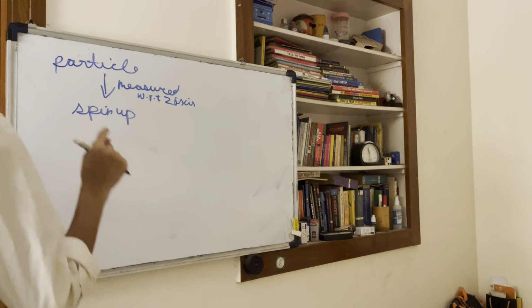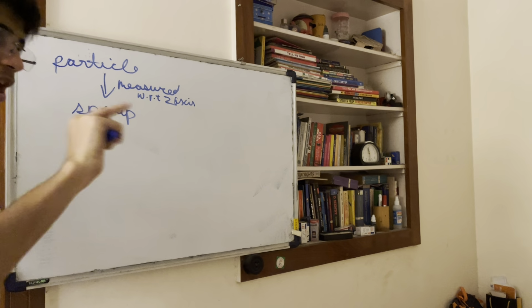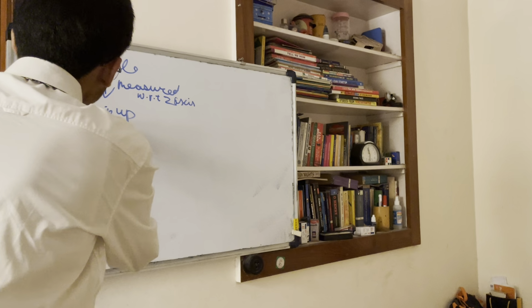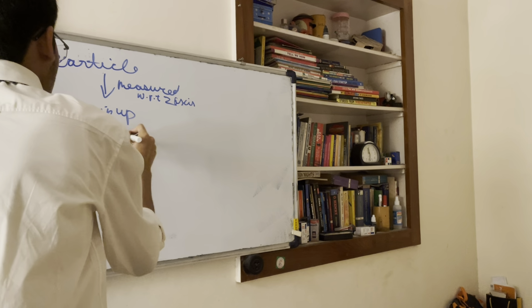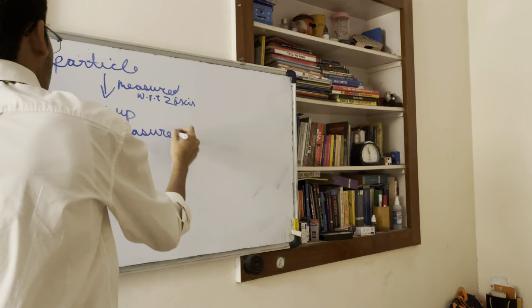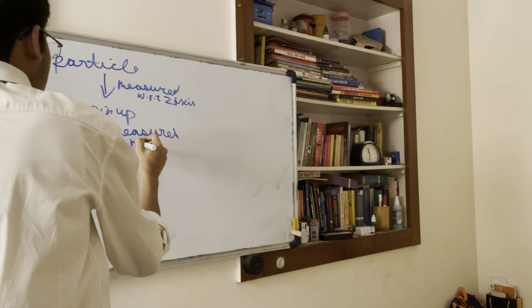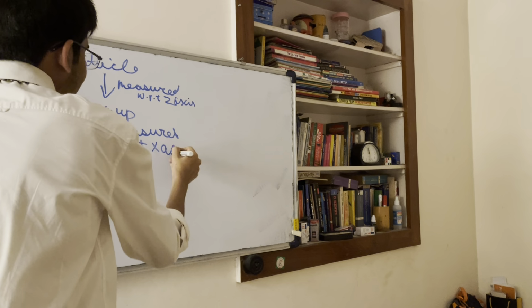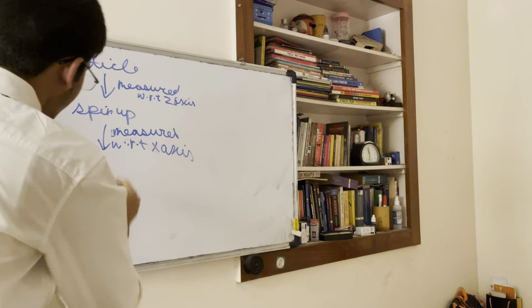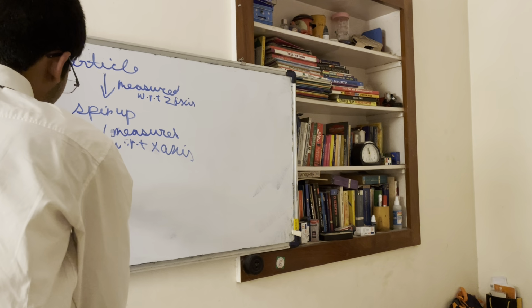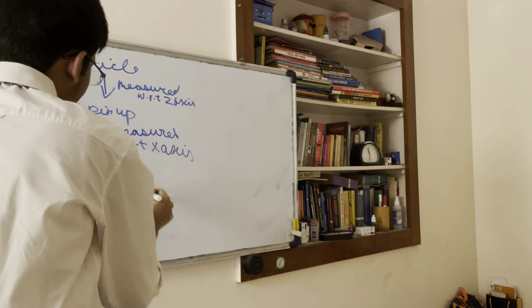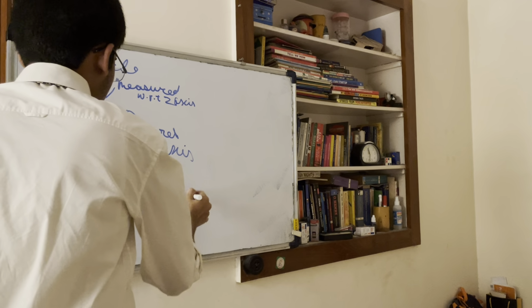So it will be spin up 100% of the time. Now if I measure this with respect to, let's say, the x-axis, it will be 50% of the times spin up and 50% spin down.